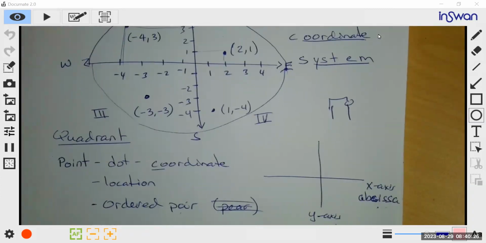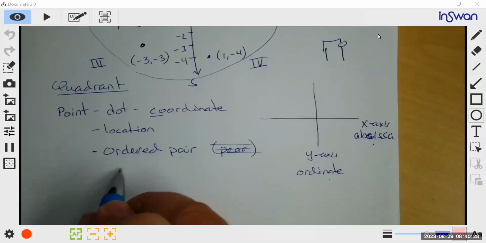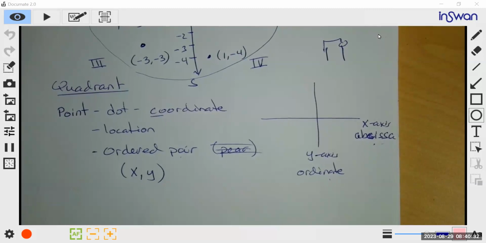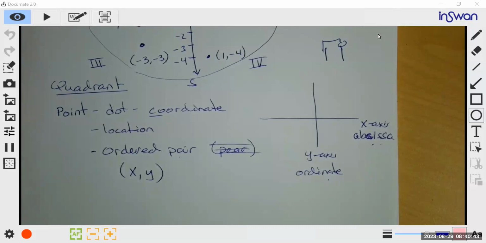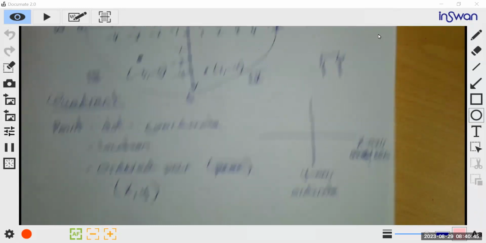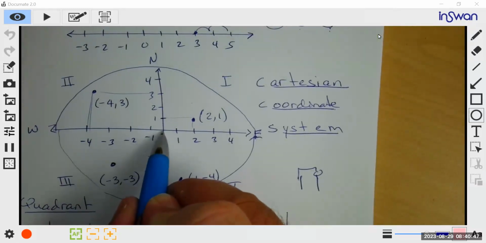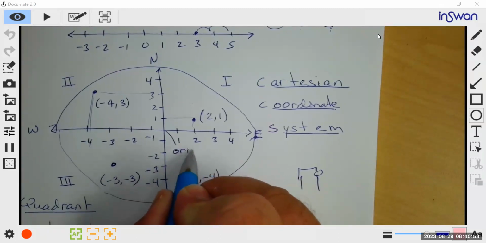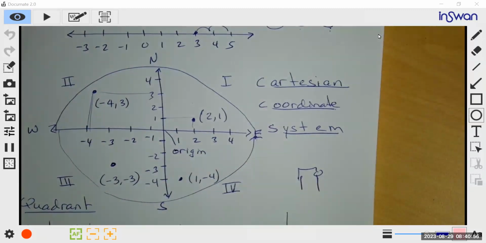So an ordered pair is in the form of an XY coordinate pair. It's done the same way we did it on the number line when we were kids. It's done exactly the same way. What's this point in the middle called? This is called the origin. What's its location?